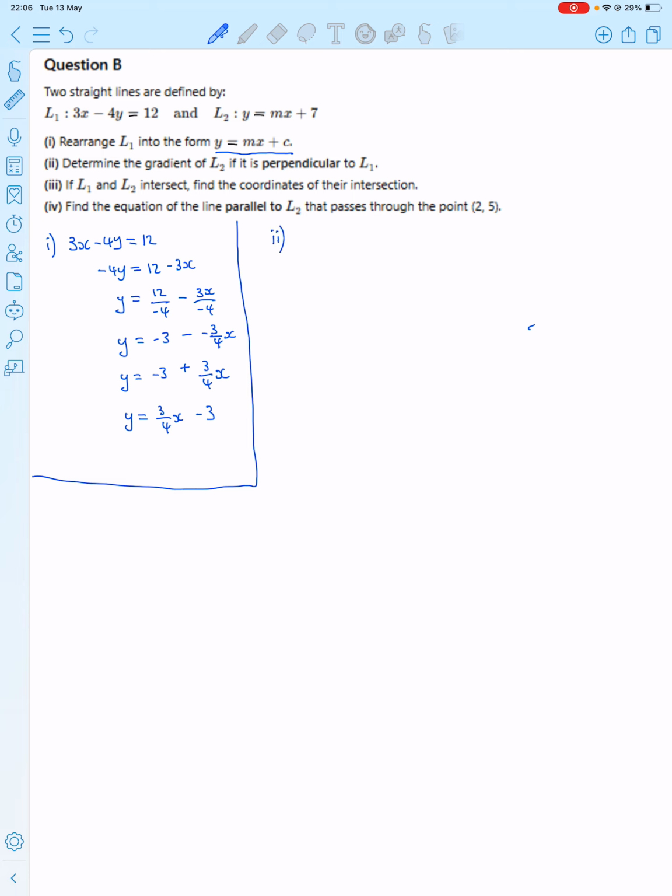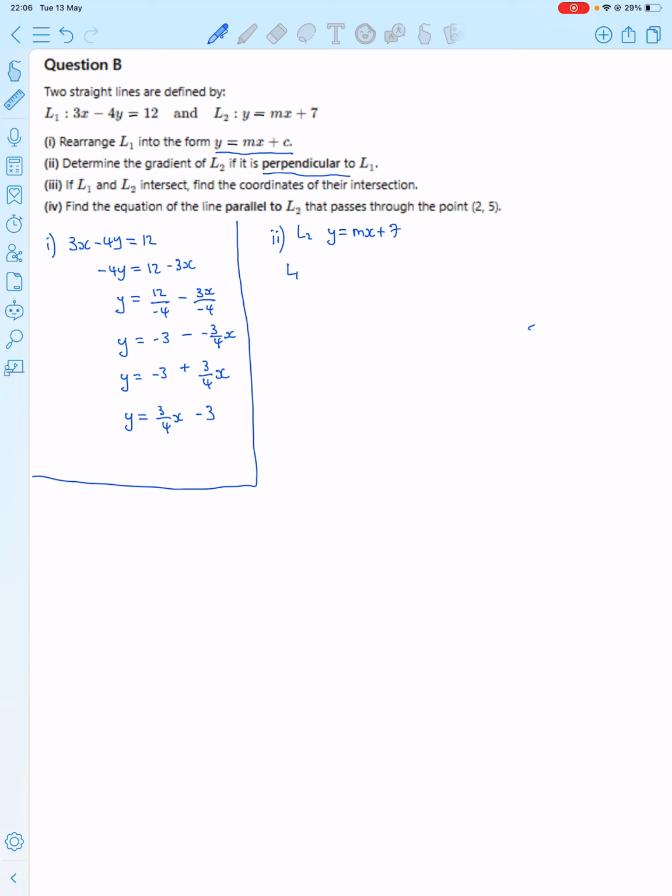Part 2. Determine the gradient of L2 if it is perpendicular to L1. Okay, so L2 has equation y equals mx plus 7. So if L2 is perpendicular, determine the gradient of it.